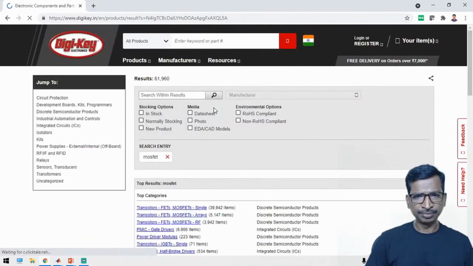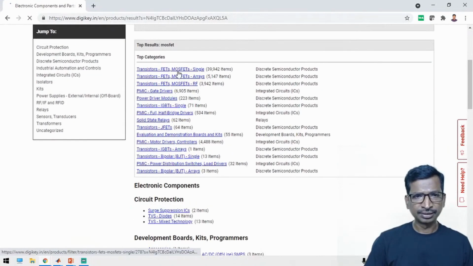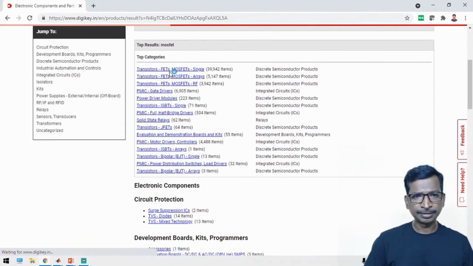Just a second, let me select. Yeah, transistor. Just a second, my system is getting loaded.